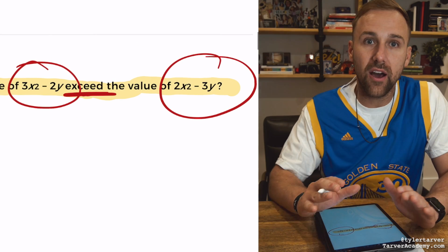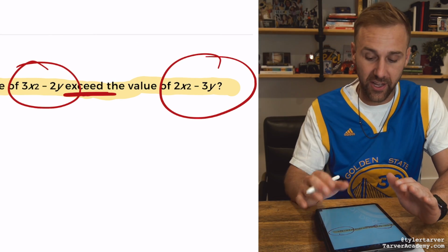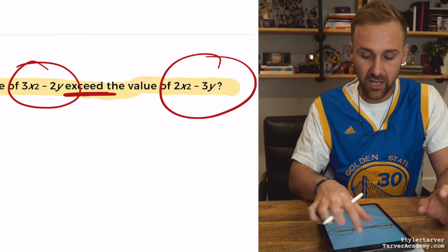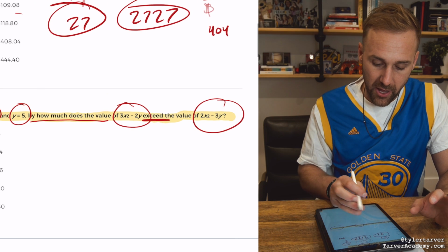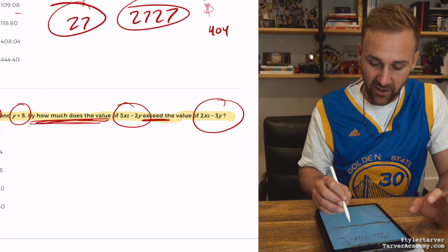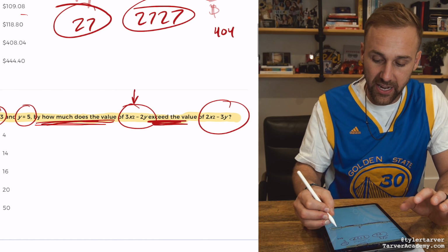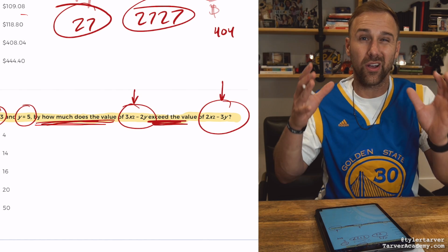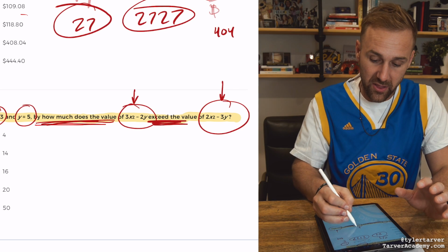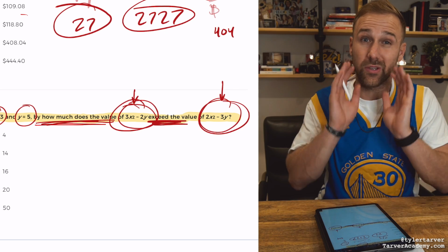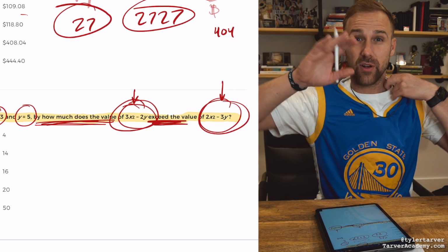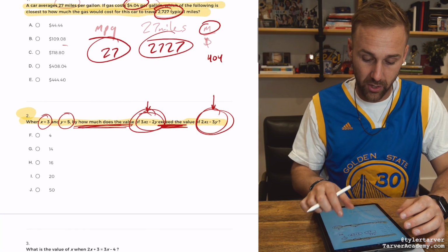Now, do not forget, after we get done with those two solvings, we need to find out by how much that value exceeds the other value. So this is not going to be a final answer. We're going to have to find out how much more this one is than this one. Okay, so keep that in mind before you start, and try not to forget it by the time the problem's over. So let's get started.